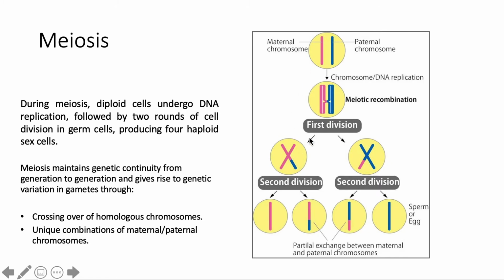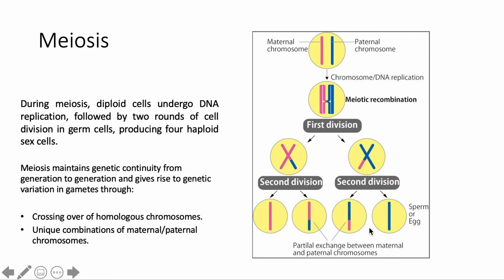They got this recombination here, and as you can see, one chromosome is different; it's not the same as either the maternal or the paternal chromosomes. And then they have a second division, and that second division produces in total four cells that are haploid, because they are sperm or eggs, so they produce the gametes for sexual reproduction.